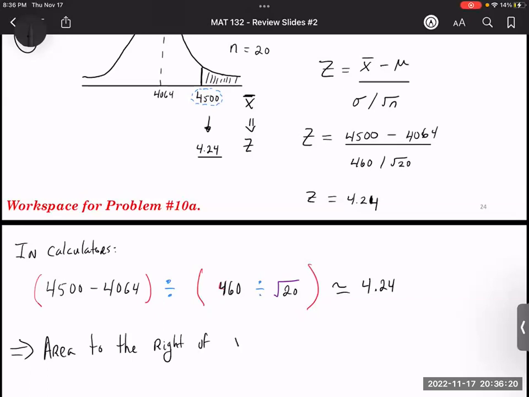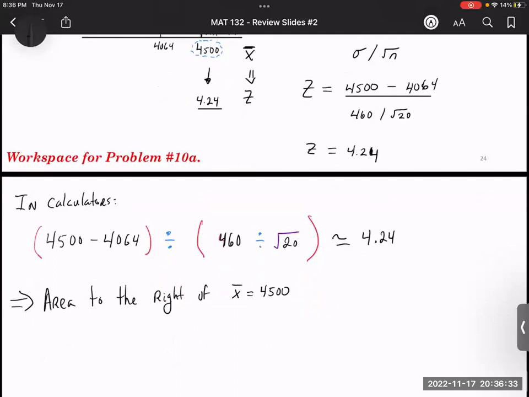Now, in terms of z, this is equivalent to finding the area to the right of z equals 4.24.